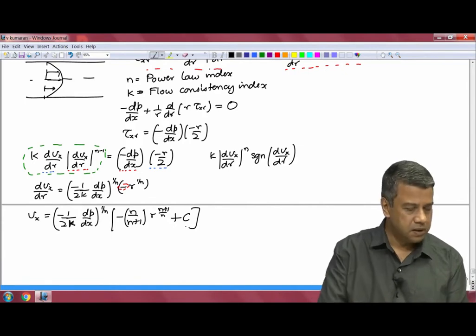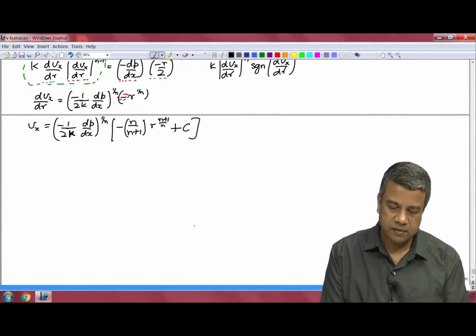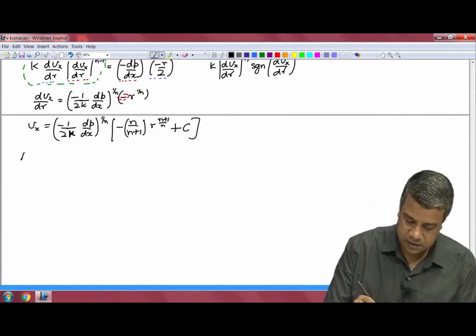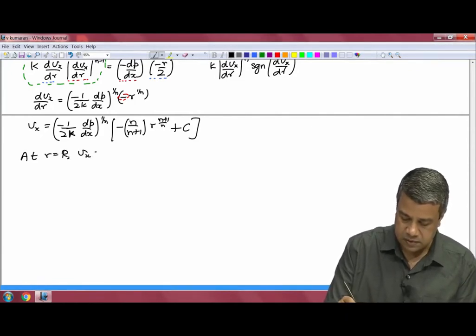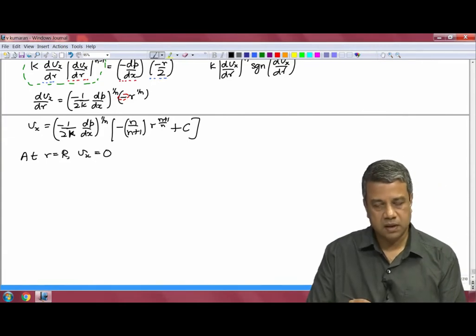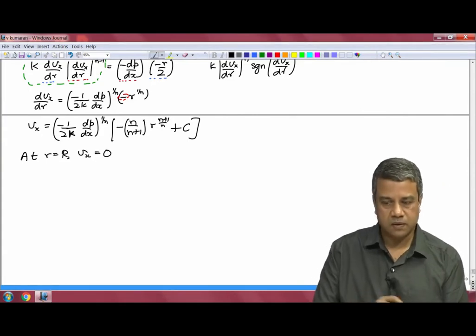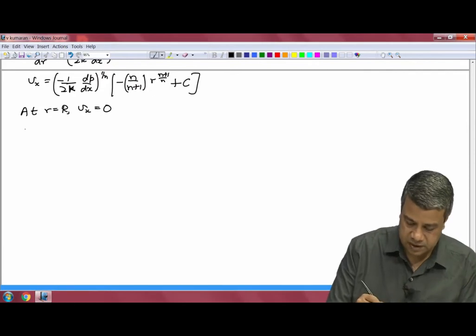This constant is determined from the condition that at r is equal to R, Vx is equal to 0. Using this condition, I can easily find the expression for the velocity.